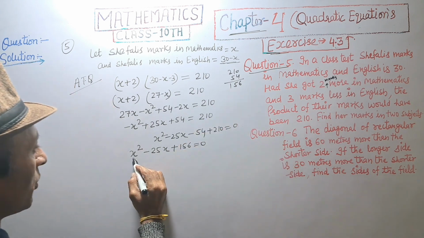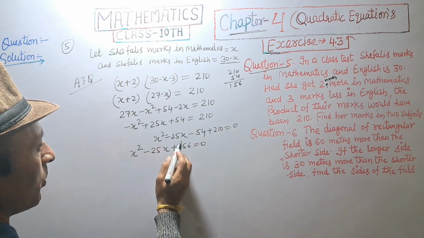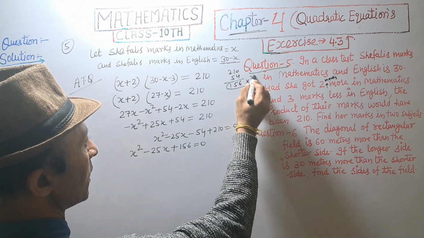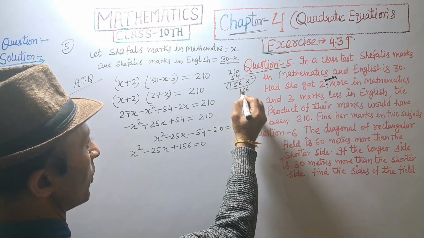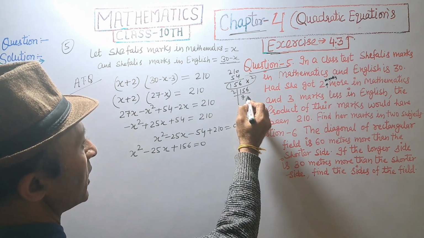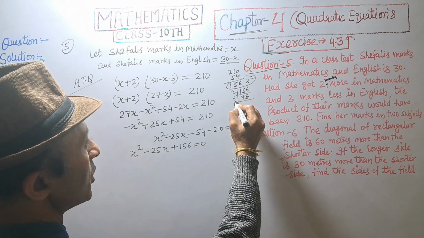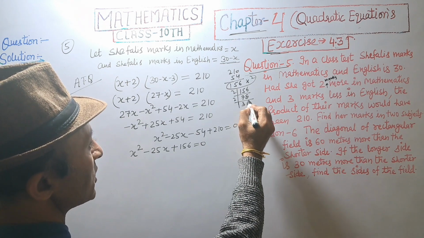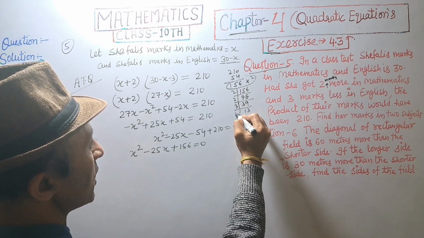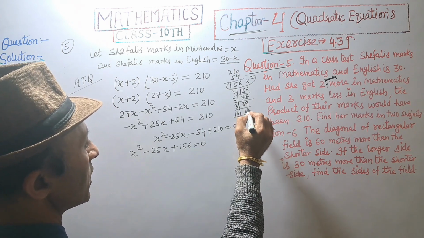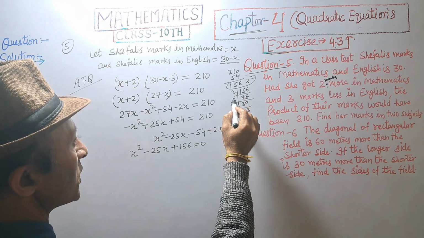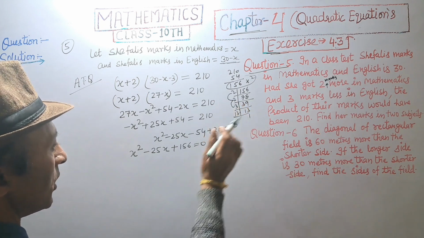Product of first and last is 156x square positive, and prime factorization of 156 is 2 into 2 into 3 into 13.